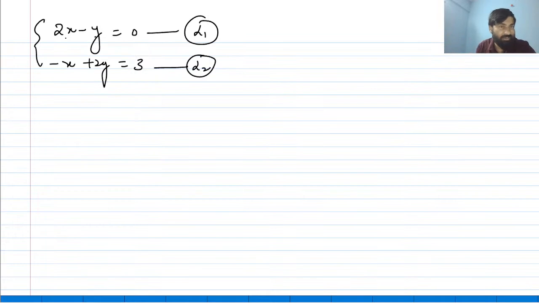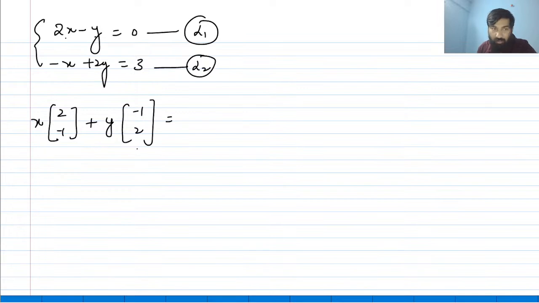Suppose 0 and 3 is given, can we get it from these two vectors? Yes: x times (2, -1) plus y times (-1, 2). You can choose any value of x and y, but that should satisfy the right hand side, (0, 3).